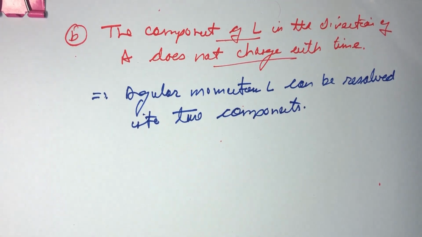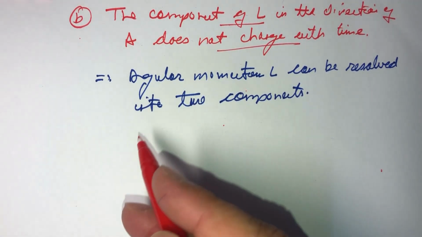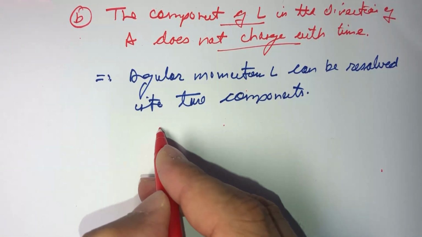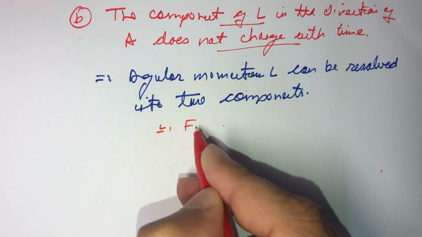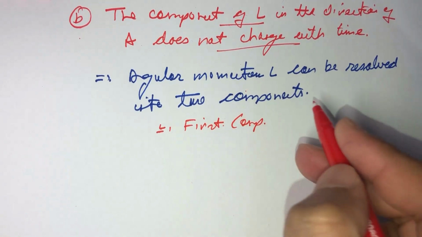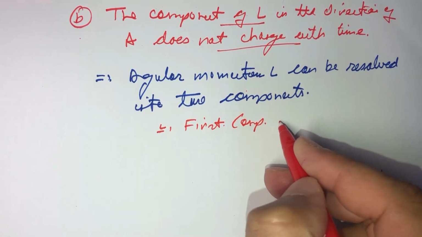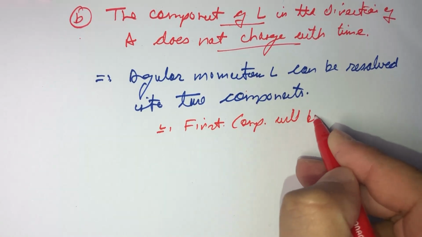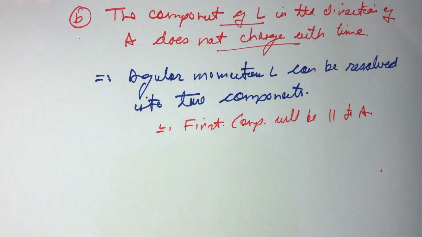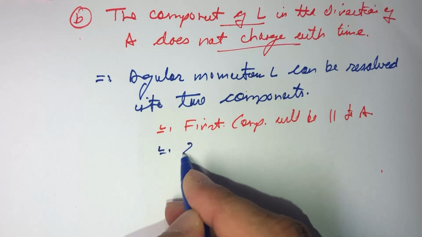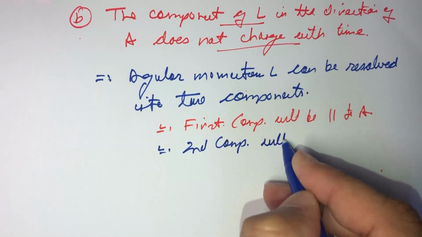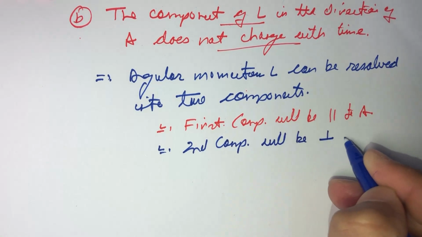The first component will be parallel to A, and the second component will be perpendicular to A.